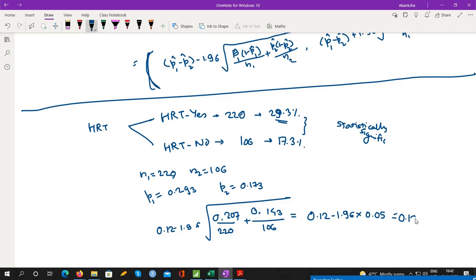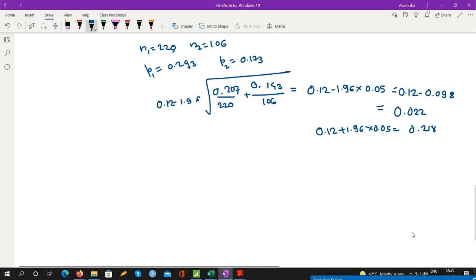So I have 0.12 minus 0.098, which gives me 0.022 as the lower bound, and the upper bound will be just with the positive sign. So it is 0.12 plus 1.96 into 0.05, so that is 0.218.